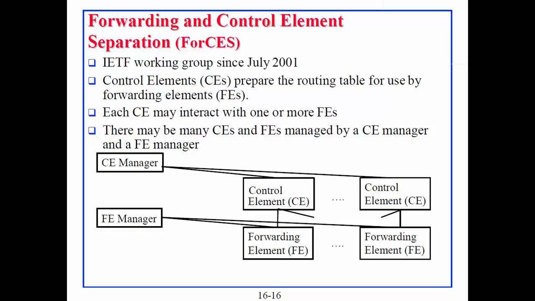So you kind of have a tree structure, where at the top of the tree you have your control element manager controlling control elements. Each one of them can be connected to one or more forwarding elements, and then you have a forwarding manager that coordinates between the forwarding elements. So this, of course, begs the question of what is passed between them.